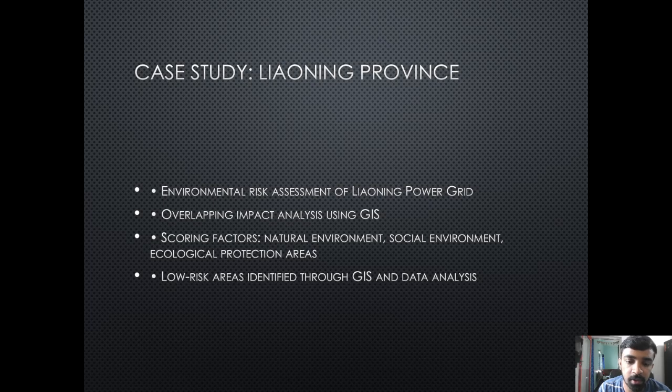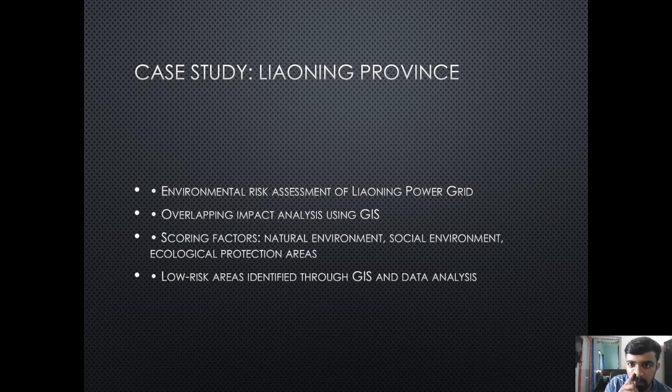The scoring factors are the natural environment, social environment, and the ecological protection areas. The low risk areas are affected through GIS and data analysis.